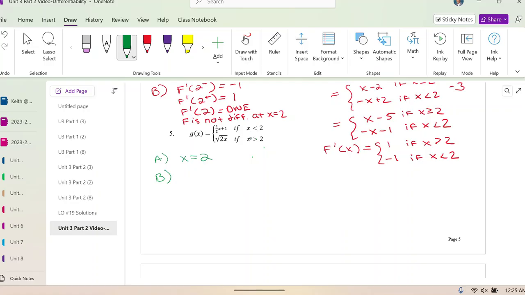Well, this is not continuous at 2 because if you think about it, f of 2 is undefined, right? So therefore, it's not continuous at x equals 2 and therefore not differentiable.